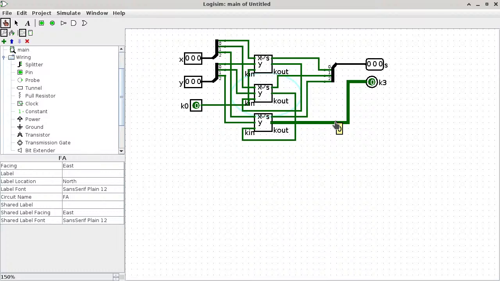The more bits you want to add, the longer it takes for the final answer to be correct, which is a problem, because if you have a 64-bit adder, it's going to take 64 times the time otherwise required to compute the sum of a single bit. Okay, so that is a problem.